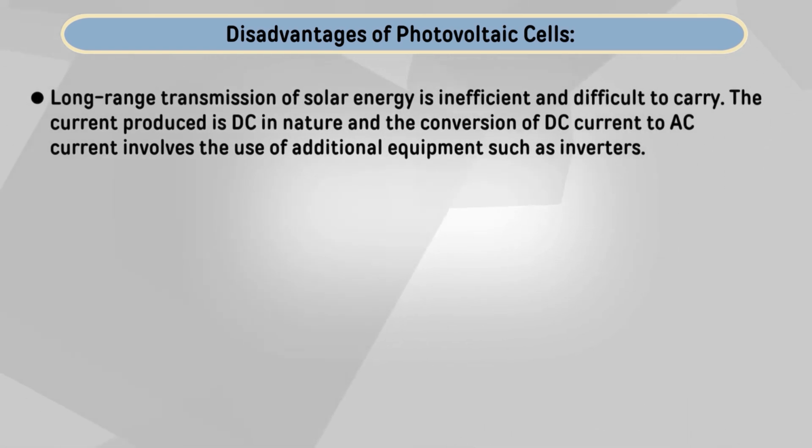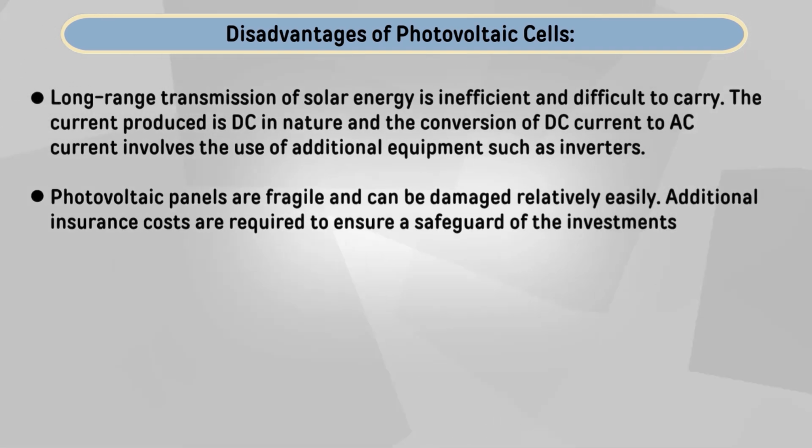Actually, the photocell creates DC, and in our household applications we use AC, alternating current. So, we have to convert this DC to AC, so some inverters are used, and it takes some cost.